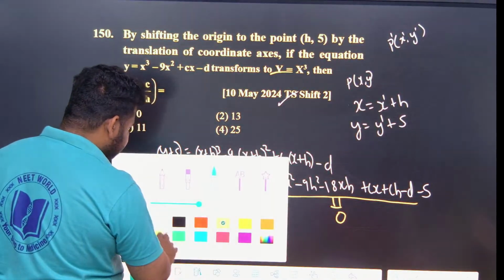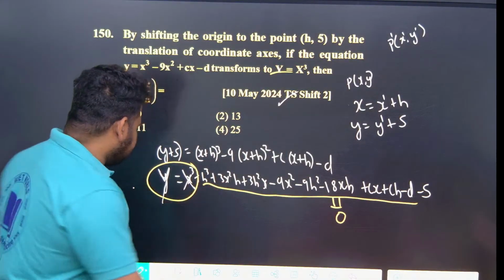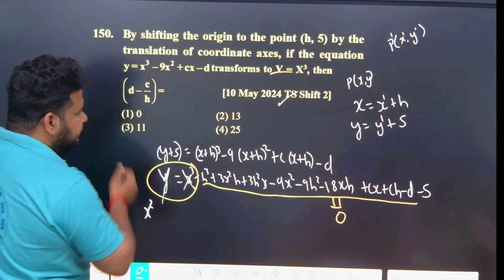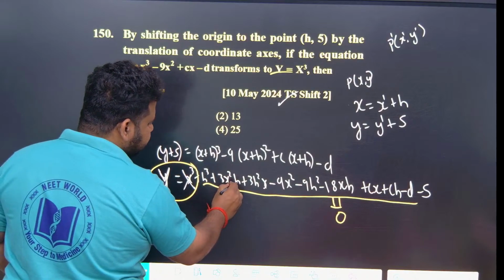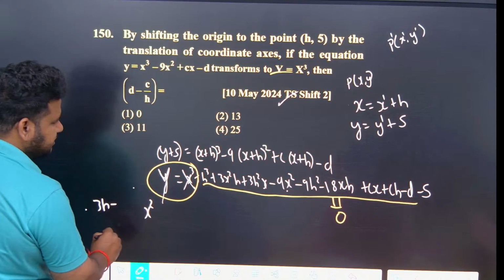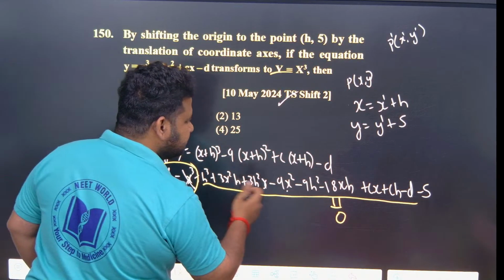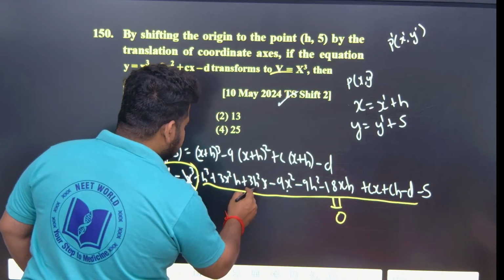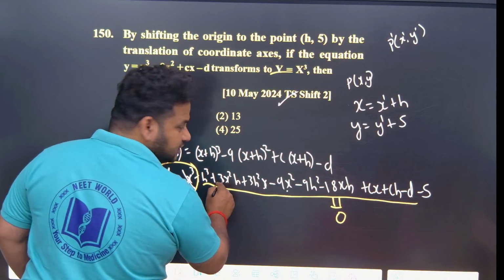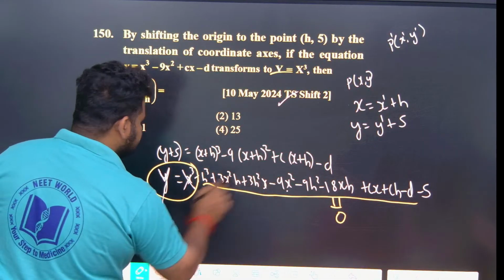So what we will do, let us take the coefficients. X square coefficient is what? See here, 3h. Where else x square is there? So 3h minus 9.